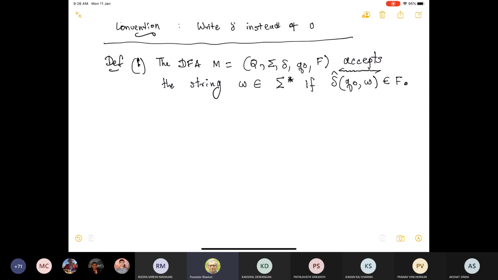That's when it is accepted, and otherwise, of course, it is rejected. So this if is really if and only if, but usually in definitions, we don't bother to write if and only if. It is understood that in a definition, if means if and only if.